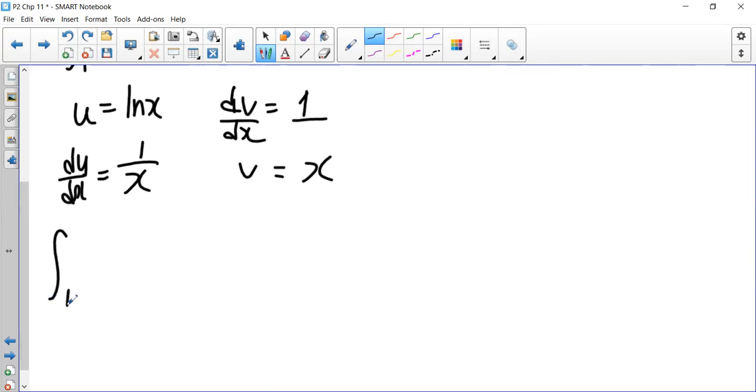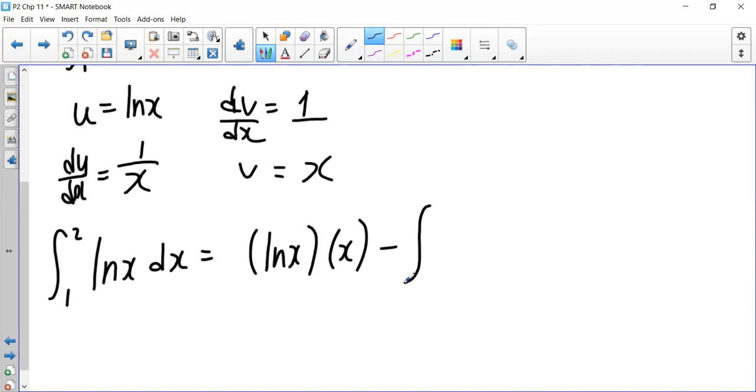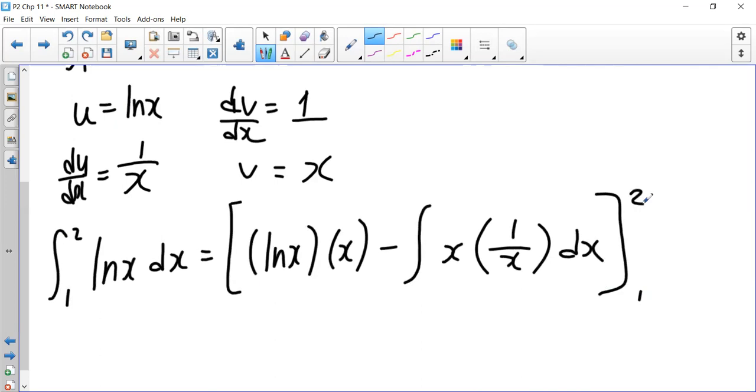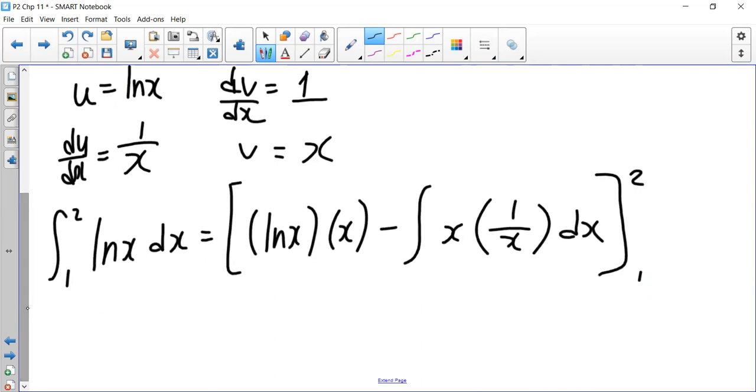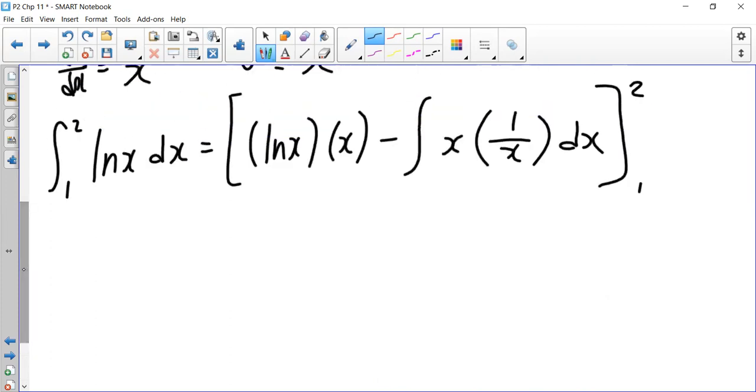So the integral 1 to 2 ln x dx equals uv minus the integral of v du by dx, with 1 and 2 as a big bracket in here. We can't apply the 1 and 2 yet because we still got an integral inside the square bracket. So I'm going to put x ln x.